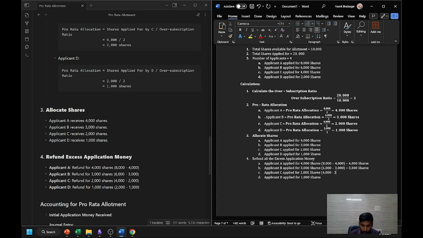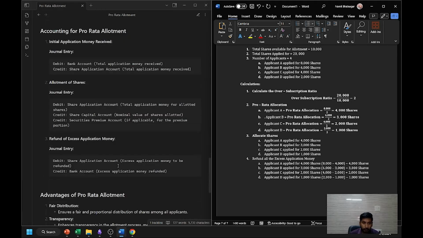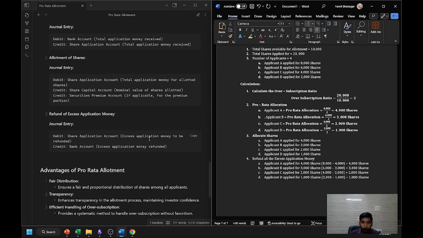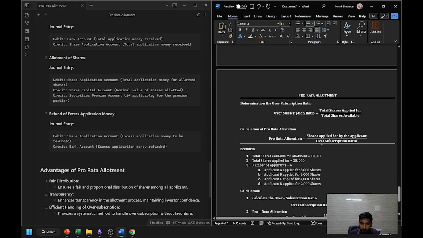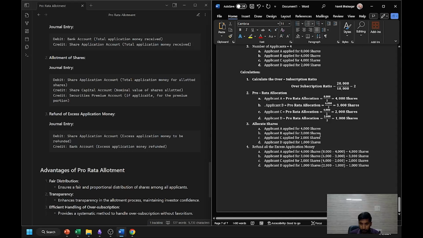C applied for 4,000 shares and only got 2,000 shares, so the remaining 2,000 shares are refunded. D applied for 2,000 shares, but on the pro rata basis got 1,000 shares, so 1,000 shares will be refunded. So this is how the pro rata allotment will be done.